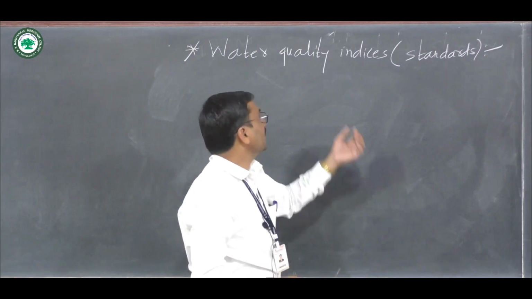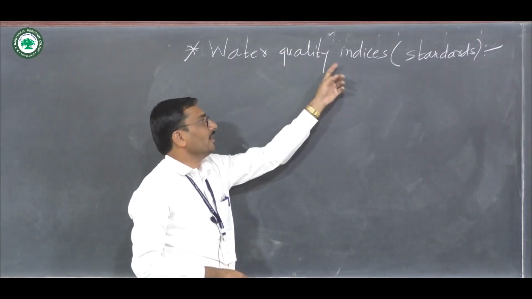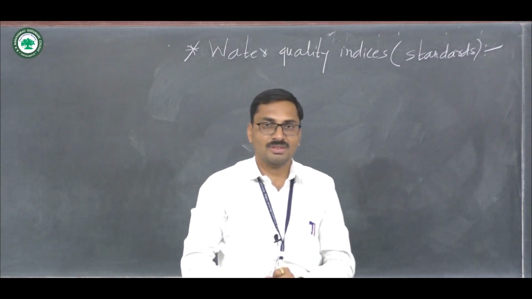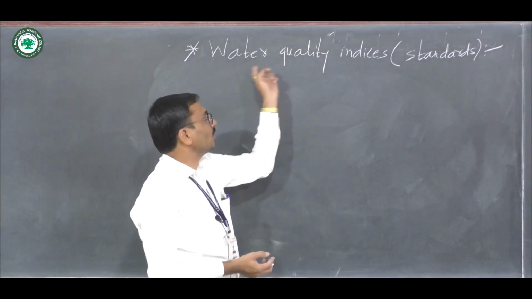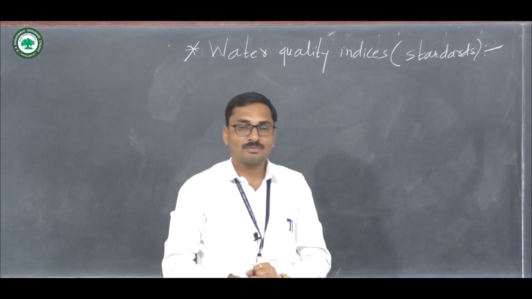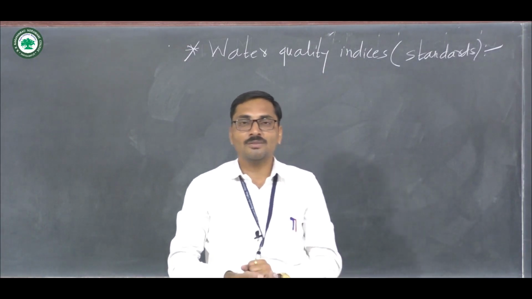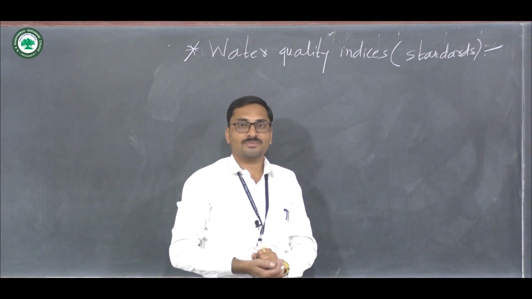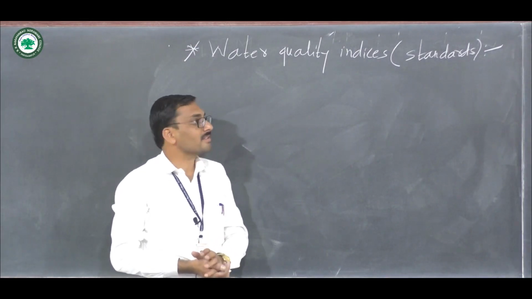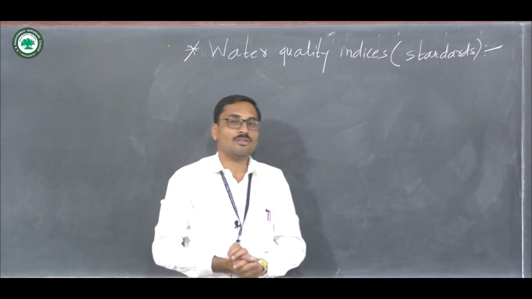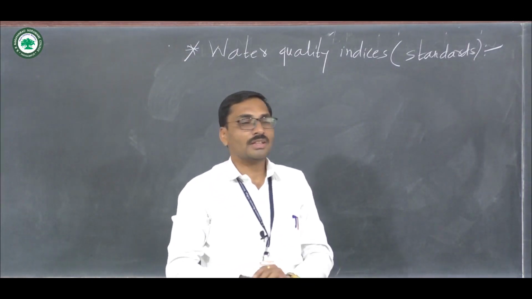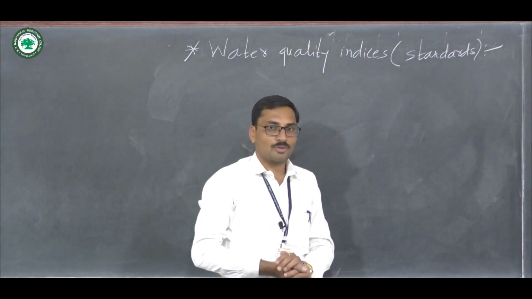Next point is water quality indices or water quality standards. It is generally essential to express various parameters, indices and standards, in order to check the feasibility of the given water for agriculture purposes.